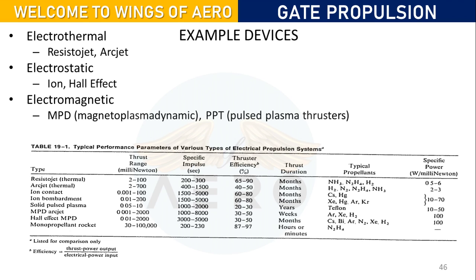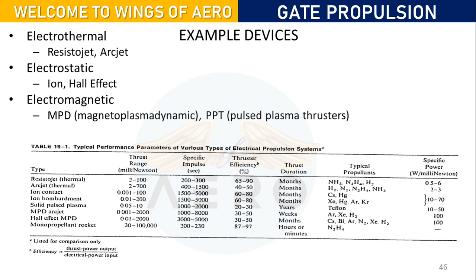Hydrazine, right? Very good. So mostly we use ammonia, hydrogen, nitrogen, hydrazine. These are the possible things we use in electrothermal.